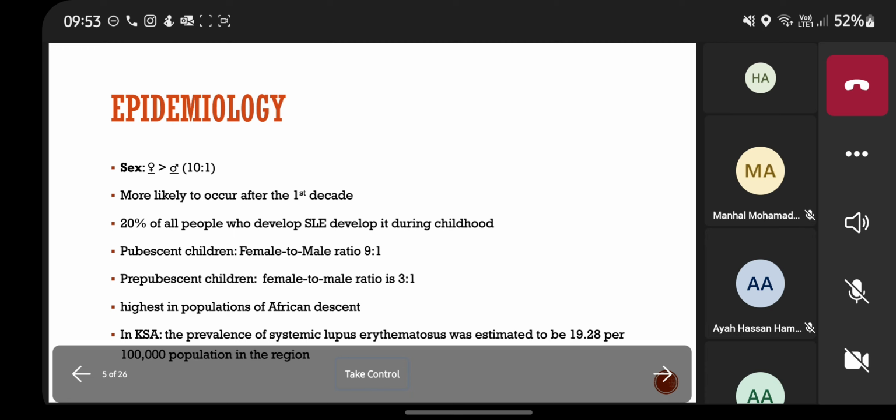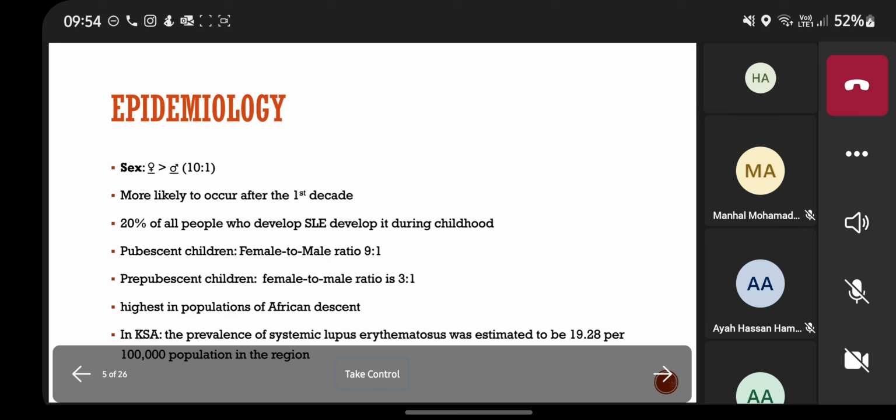Okay, the epidemiology: it's more common in females than males. The female to male ratio is 10 to 1, and it is more likely to occur after the first decade. 20% of all people who develop SLE develop it during childhood.